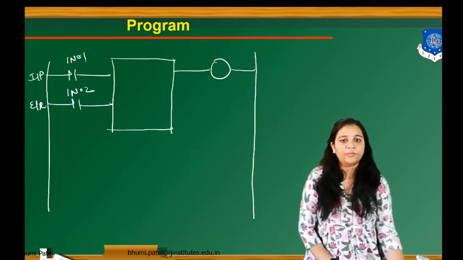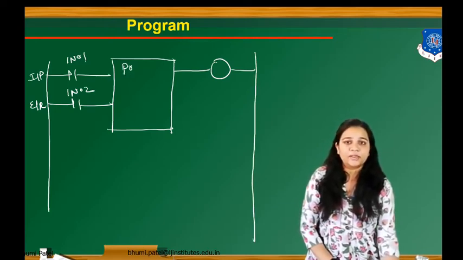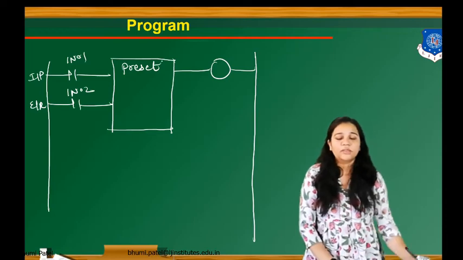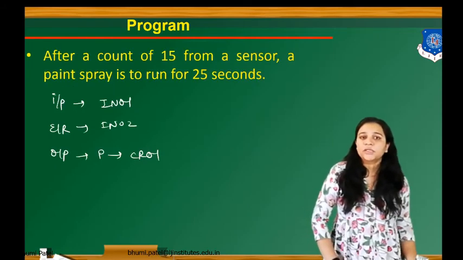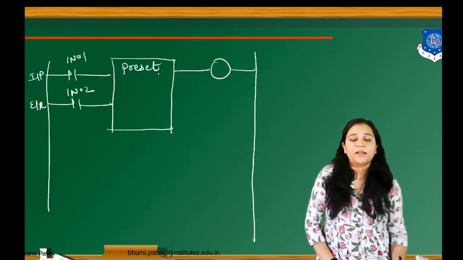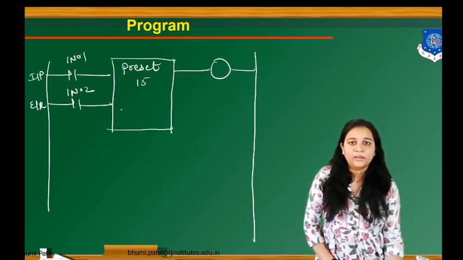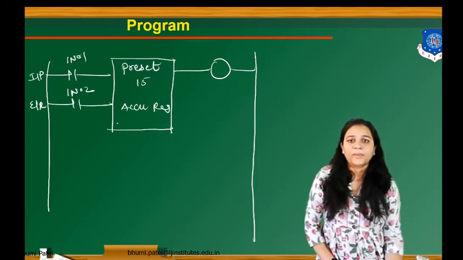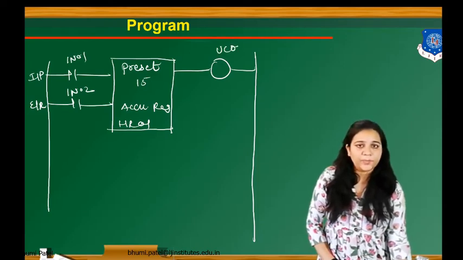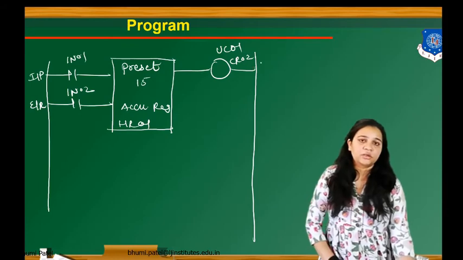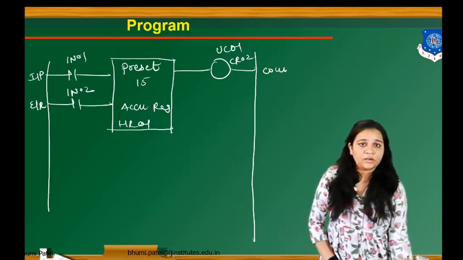And the format of the up counter is, we can write here the preset value. Okay, the value of the up counter is 15. So we can write here preset 15 and then accumulator register HR01, and here we have to use the up counter and the name of the counter is suppose CR02. So here we have to use the counter logic.